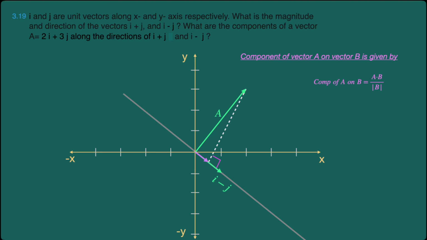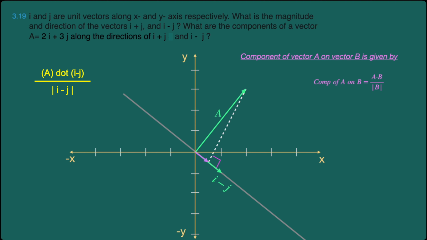The component of A along i minus j can be written as vector A dot vector i minus j divided by the magnitude of vector i minus j. Substituting the values, vector A is 2i plus 3j and the second vector is i minus j.